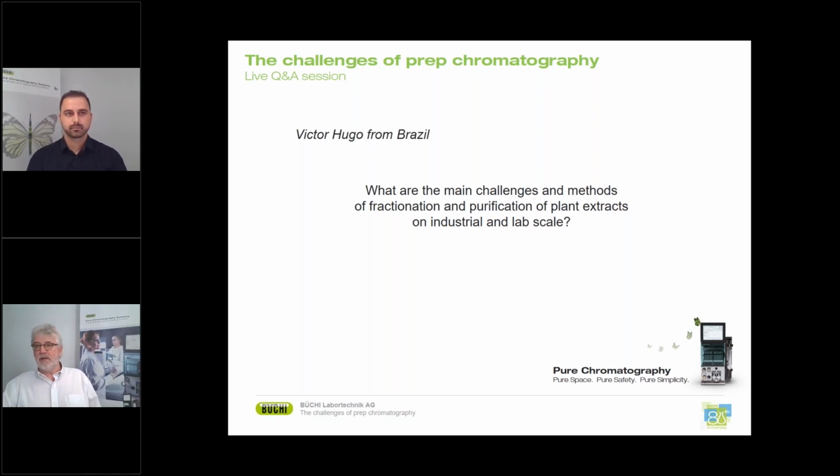So it's not possible to generalize, but that's again a case-to-case study. Let's say what comes out of the extract and how do we need to proceed to get everything separated. And here it comes very handy, and that's something that we have in our portfolio as well. We often see when it comes to plant extracts that people do pre-purification on the chromatography side then with flash.